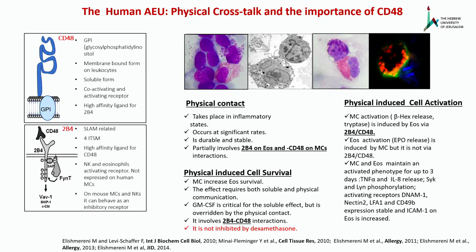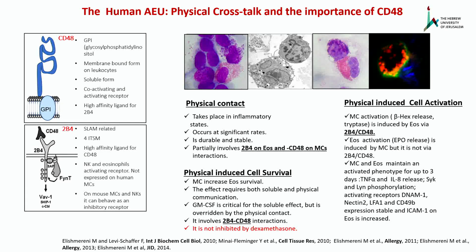So the first observation on the physical crosstalk that we defined goes mostly through CD48, a GPI molecule present on the muscles, and 2B4, a SLAM-related protein, also of the CD2 subfamily, present on eosinophil.